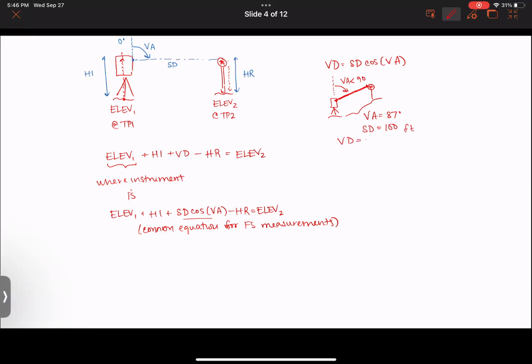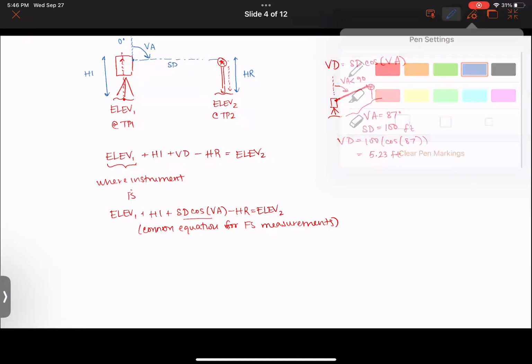It is going to be equal to my slope distance times cosine of my vertical angle, 87 degrees. And the number that I get for that, 100 feet times cosine of 87 degrees, is 5.23 feet. What does that 5.23 feet represent?